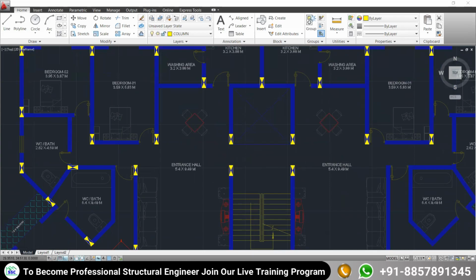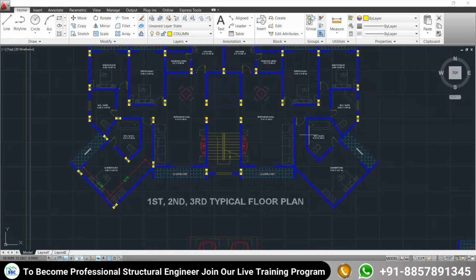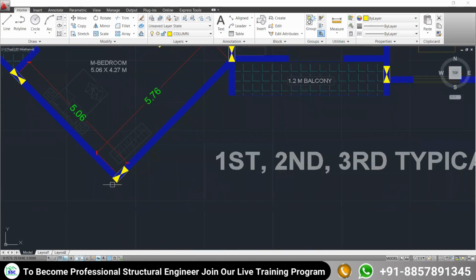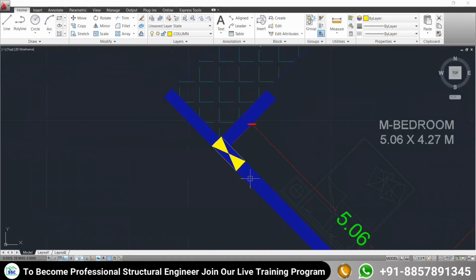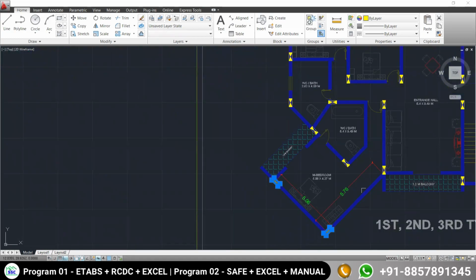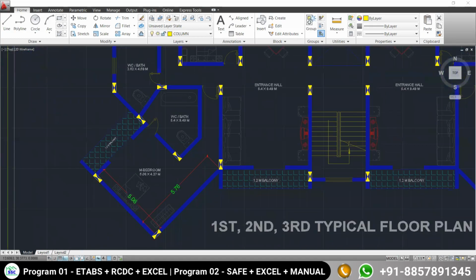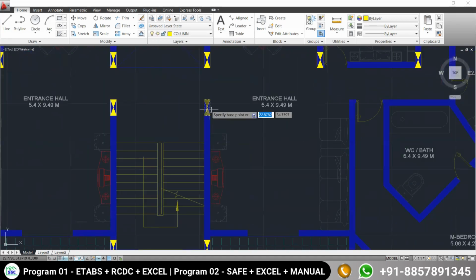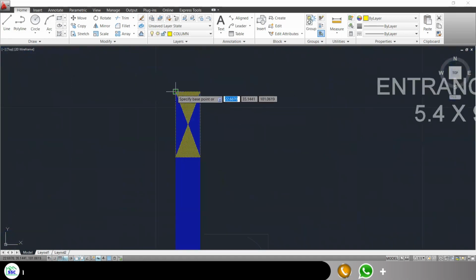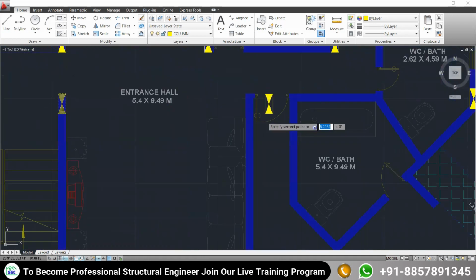Okay, now after that, see what I'm going to do. I'm going to replicate all of this column. Sorry, take the mirror of all these position columns. Okay, instead of that, what we can do? Take the column from here to here.